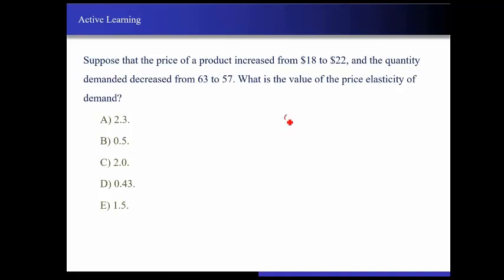It's the change in the quantity divided by the average quantity, divided by the change in the price divided by the average price. So you just need to figure out what these are, plug it in, and you get the answer. Does anyone want to give that a try? I'll put up a poll.